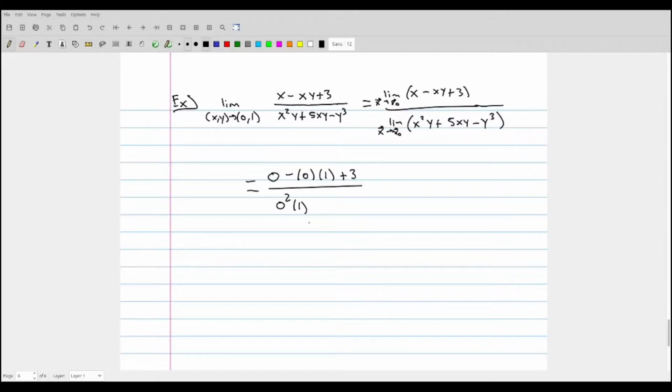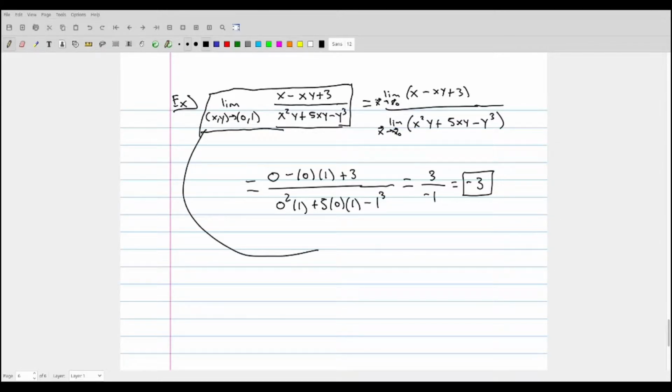You have x squared times y, plus 5 times 0 times 1, minus y cubed, which is just 1 cubed. This entire thing then is going to be 3 divided by -1, or -3. And sure enough, that's the value of the limit of this function. So this function approaches -3 as you go to the point (0, 1).